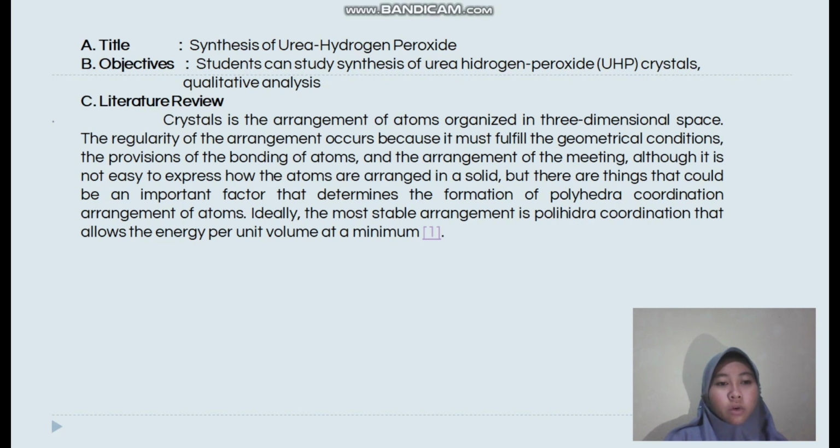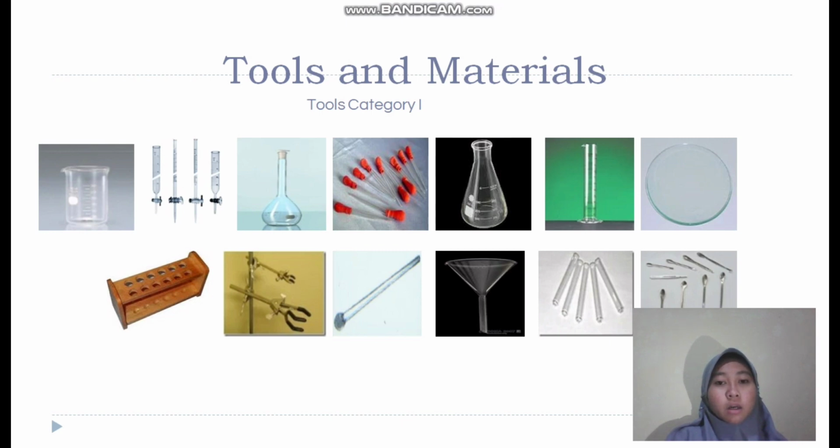It is not easy to experiment how the atoms are arranged in a solid, but there are factors that determine the formation of polyhedra. Ideally, the most stable arrangement is the polyhedra foundation that allows the energy per unit volume at a minimum. The next, tools and materials.